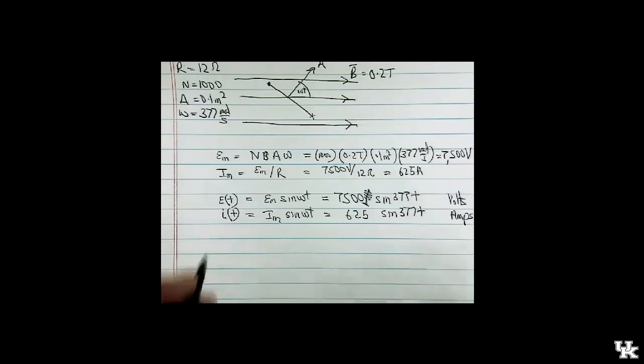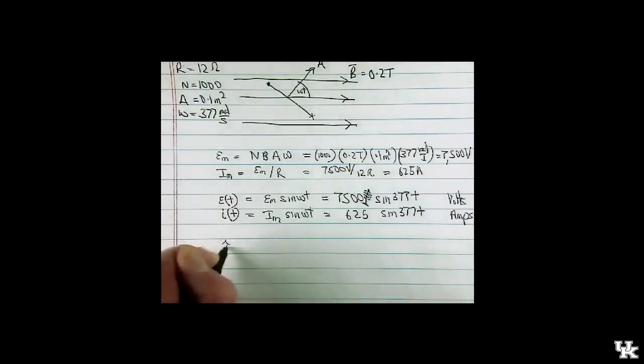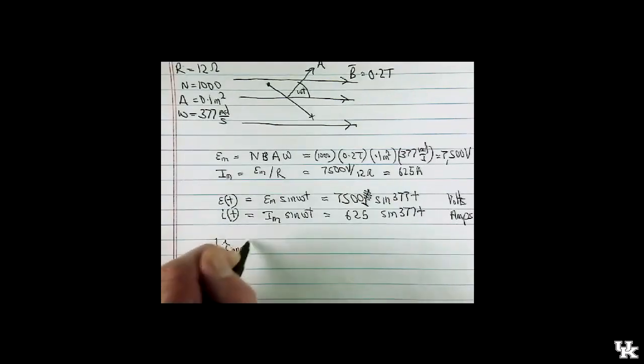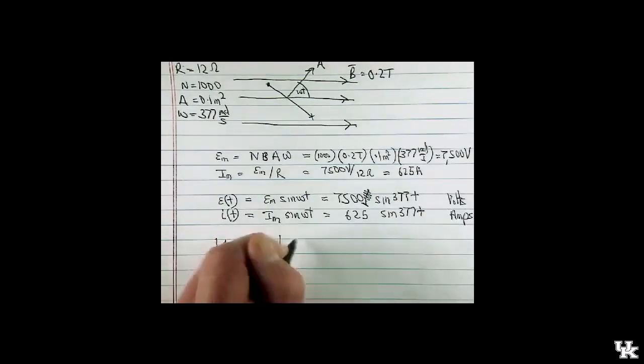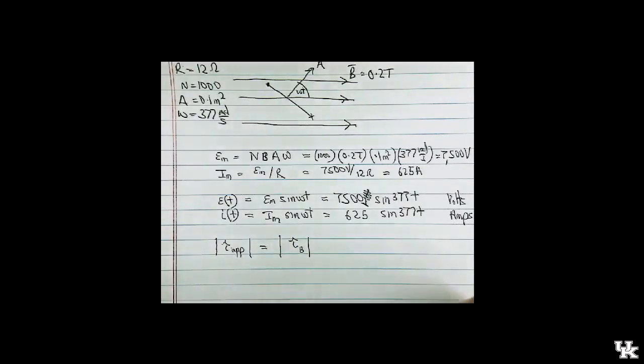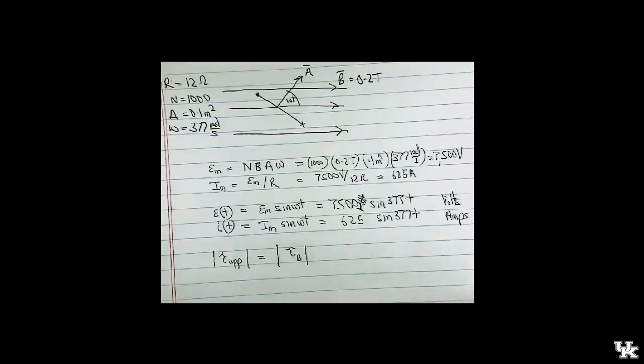The reason I have to apply a torque, I'm going to call it tau, with a subscript for my applied torque, and I'm just going to worry about the size of it, so I'm going to put the vertical lines around it, is because there's a magnetic torque, I'm going to call that tau b, that is trying to oppose the rotation.